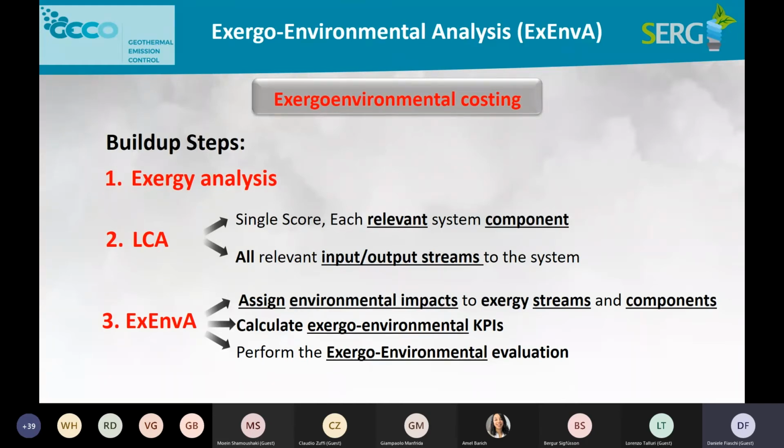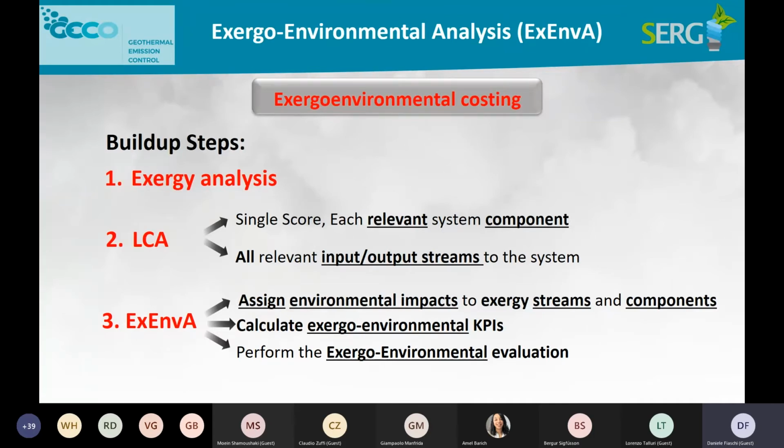Again, three fundamental steps may be identified in the methodology build-up process: the Exergy analysis, the LCA, life cycle assessment, which allows the evaluation of the environmental health impact scores of components and streams of an energy system. Claudio will give you more insights about this in his presentation.